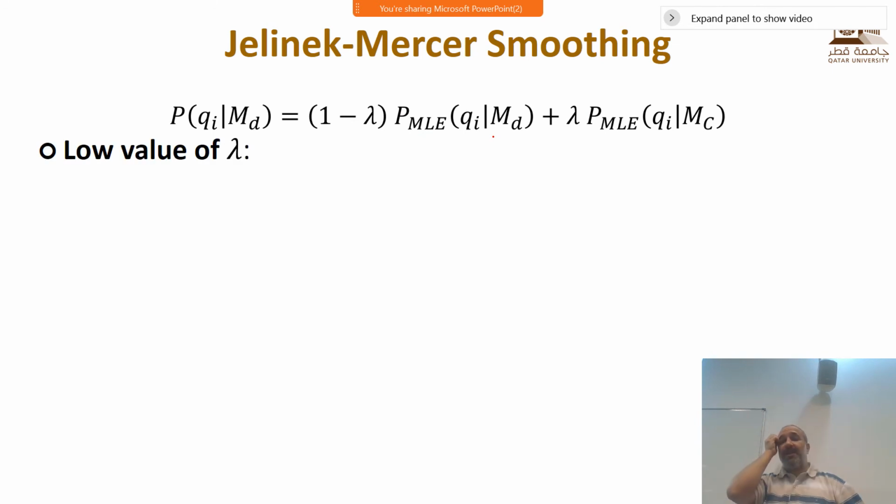Okay. Now, what happens if lambda is very low, very, very low? Okay, look at the equation here and tell me what happens if lambda is very small, close to 0.